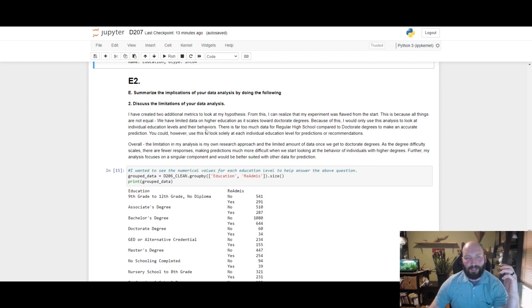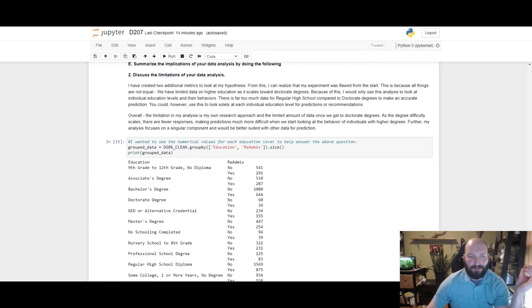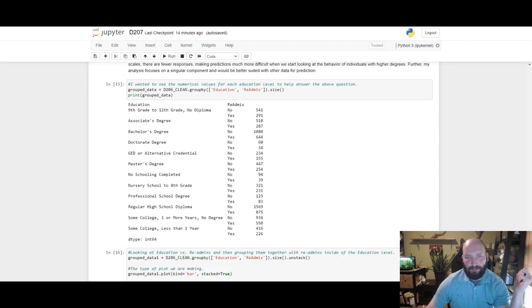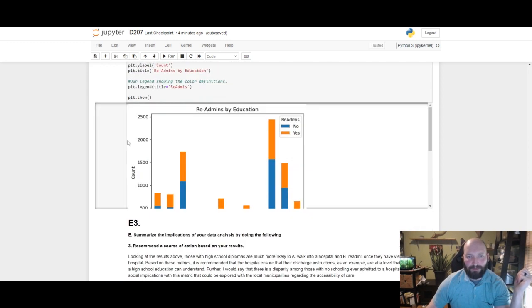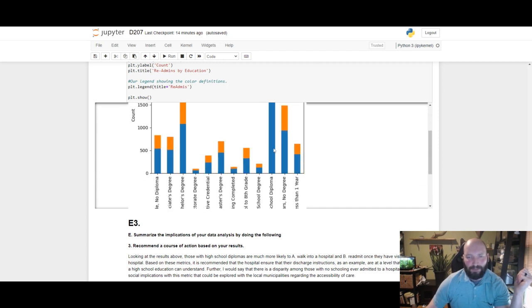From this, I realized that my approach and experiment or hypothesis was flawed, especially with the data set that's given. And what I would propose is potentially restarting this analysis and looking at individual education levels versus the entire data set of education levels. The reason being is we have a large contrast in the amount that's represented. With high school diploma, we have a lot of data.